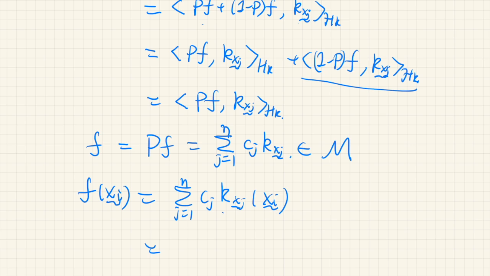And using the bivariate form of the kernel function, this is equal to the sum of c_j k of x_i and x_j.